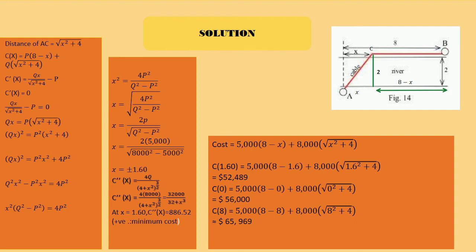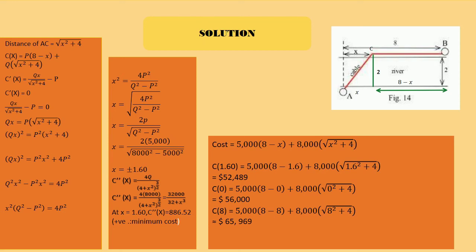Then we insert the q value, which is $8,000, and look at the final answer, whether it has a negative or positive sign. Here, the final answer is positive 886.52. Positive shows that 1.6 gives the minimum cost.